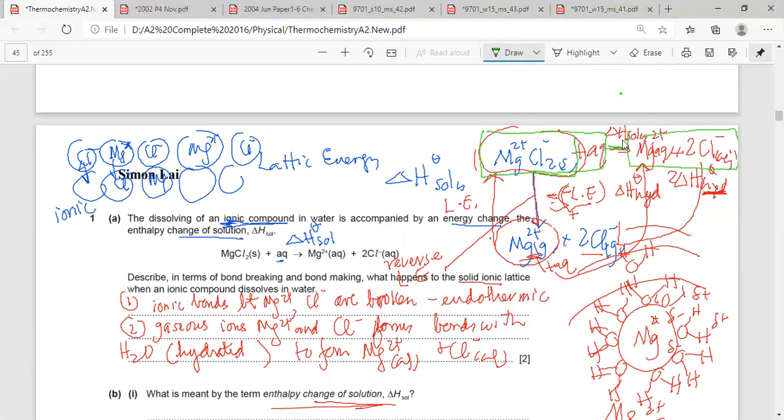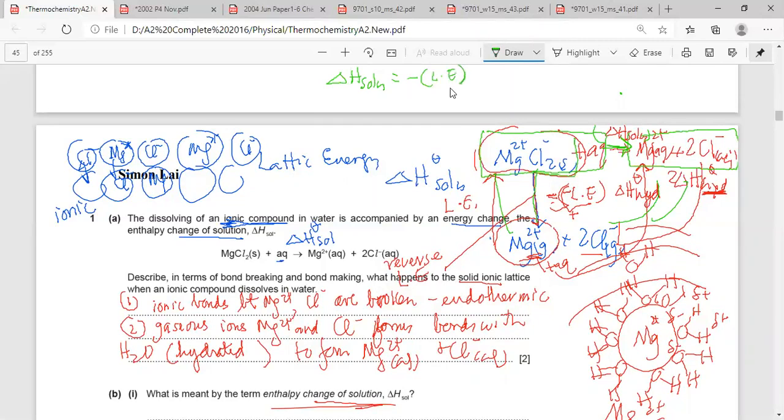This is the first route, this is the second route. So what is the heat of solution equal to? Heat of solution is equal to, first of all, minus lattice energy.